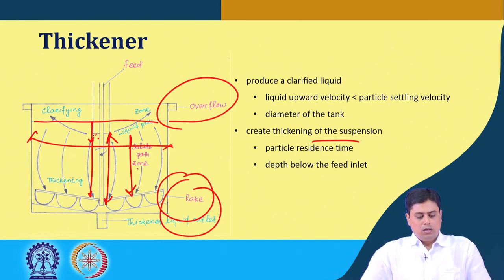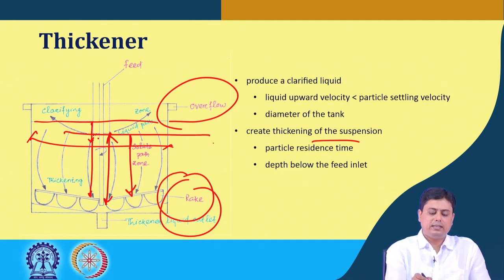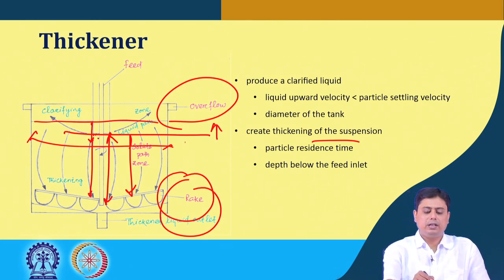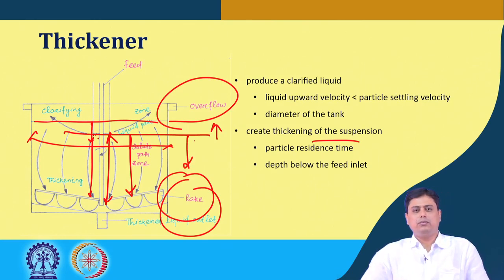So, in a real thickener we have these two zones: one is the upflow zone and the other is the downflow zone. The upflow zone is above the feed inlet or the feed well, and the other region is below the feed nozzle or the feed well.